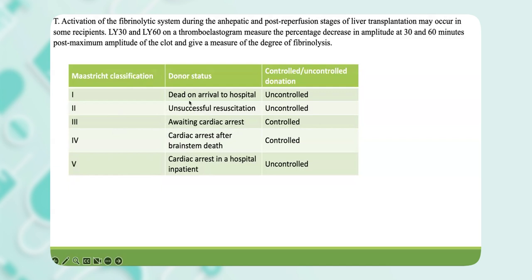So these are the classification of the donor, and 3 and 4 are controlled donation, because awaiting cardiac arrest means the patient is sick, you know that this patient is going to death, or in category 4 brain death is already declared and you are waiting for the cardiac arrest, or the cardiac arrest happens after brain death.